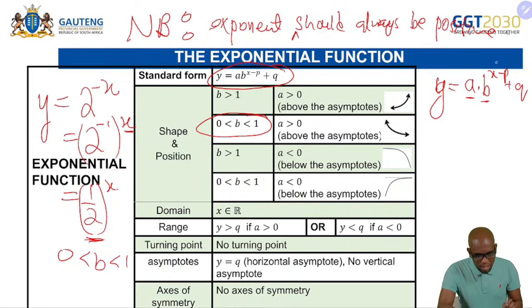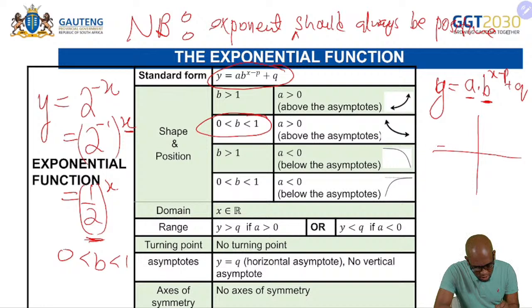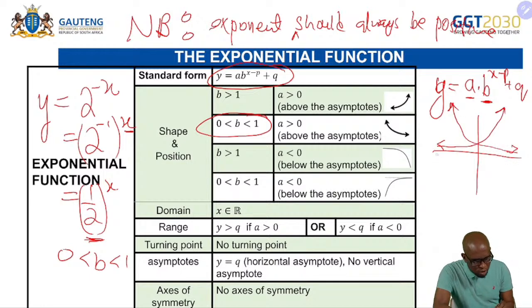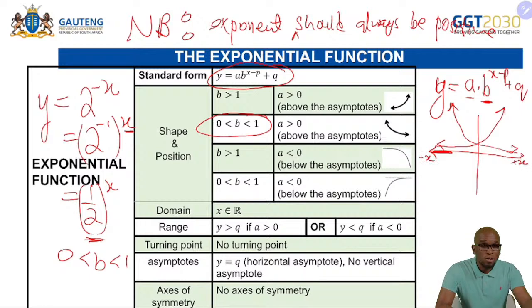Now, how do we then get the shape? If you look at any exponential function, when you draw them, you start closer to the x-axis. You either start on the negative x-axis or you start on the positive x-axis. So the value of b tells you where to start.